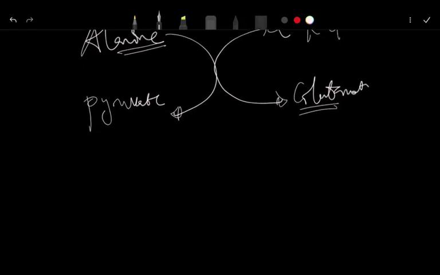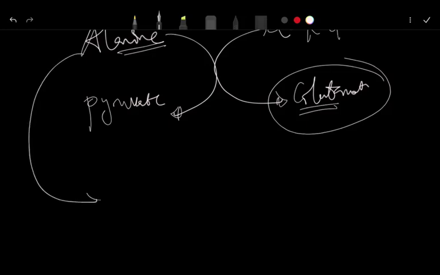Now, the question you will ask me is, what is the fun in doing this? Why does alanine have to do transamination reaction and form glutamate? Why did alanine not just go to deamination straight? Because the enzyme that does deamination reaction only recognizes glutamate. So all amino acids, in essence, need to form glutamate before they can remove the amino group.